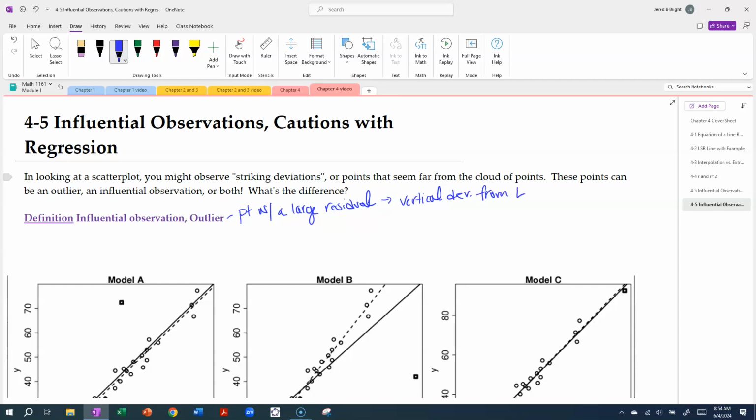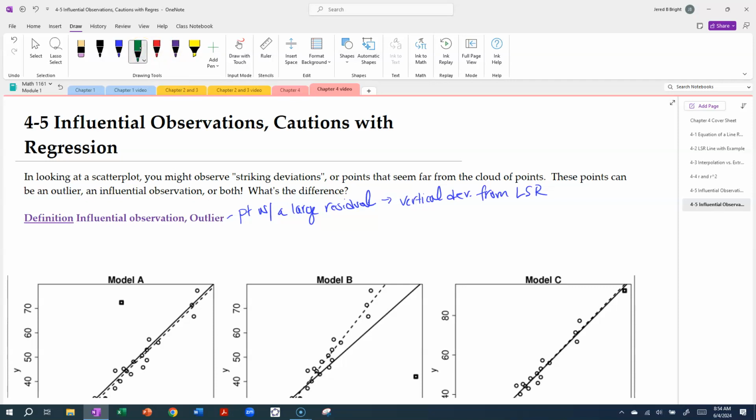That's what a residual is. It's the distance that it is vertically from the trend line. So we can just visually inspect it and say, yep, this one has a large vertical deviation. Large is a little relative, but at least we can identify it as an outlier just by visual inspection.